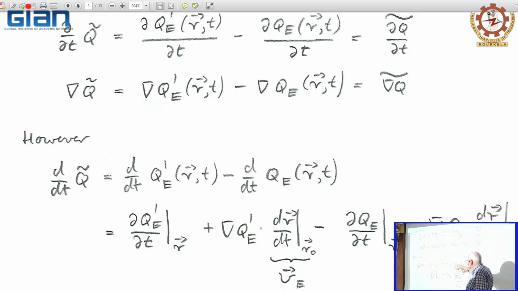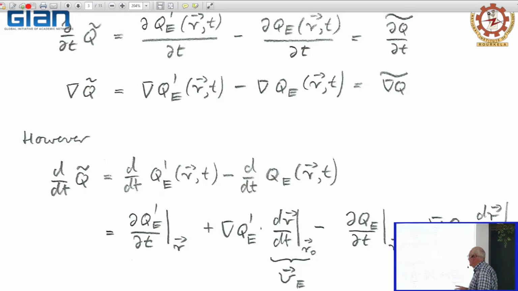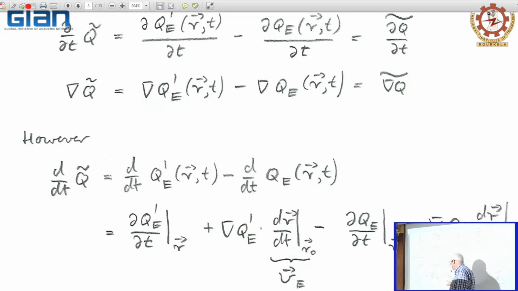Well, the Lagrangian time derivative may be replaced by the Eulerian time derivative by the rule we know. This is d by dt in the Eulerian sense plus the velocity times the gradient of QE in the Eulerian sense, minus the same quantity for the unperturbed system.